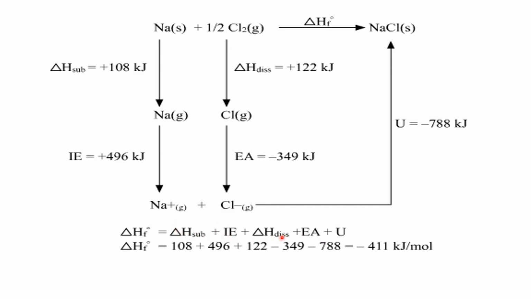These are the energies of the 5 steps that is equal to the enthalpy of formation of NaCl crystal. Substituting the values, we could calculate the lattice energy is found to be 788 kilojoules, because enthalpy of sublimation, ionization energy, enthalpy of dissociation, electron affinity and enthalpy of formation are the experimental values from which we could calculate the lattice energy U.